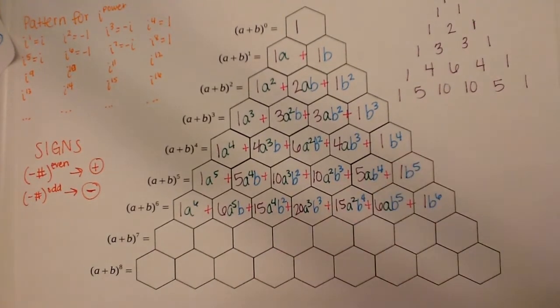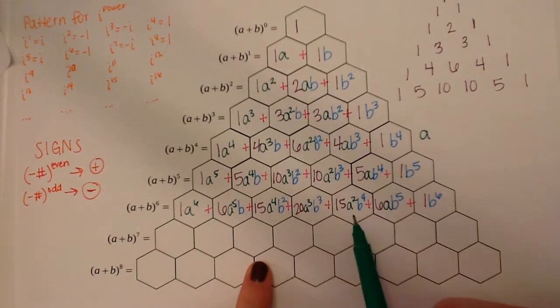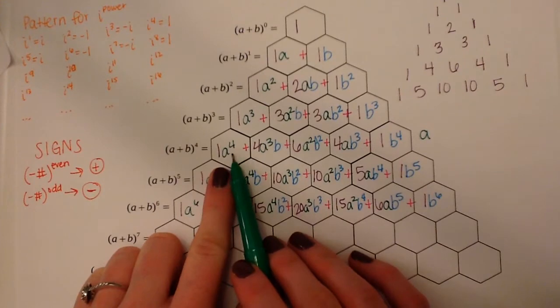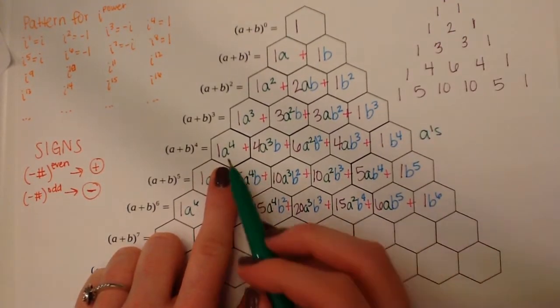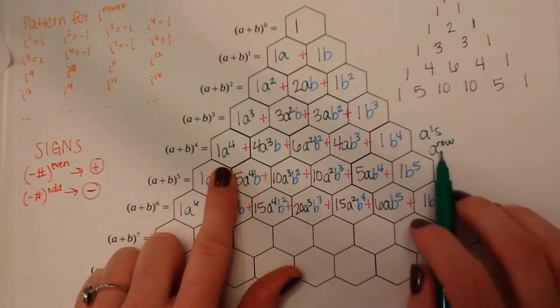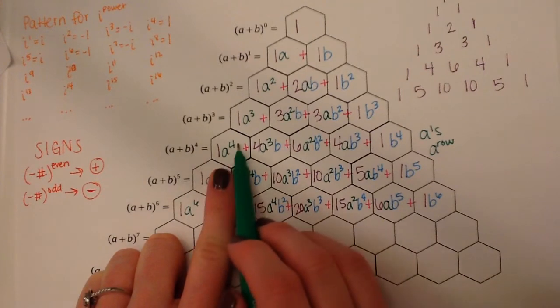I hope you are seeing a pattern here. Let's see if we can look at our pattern before we keep going. So if we look at our a's, so all of your a terms in here, let's just pick this row. So if we pick a to the fourth, we're always starting out with a to whatever power your row is. So if we look at the fourth row, it starts out with a to the fourth.